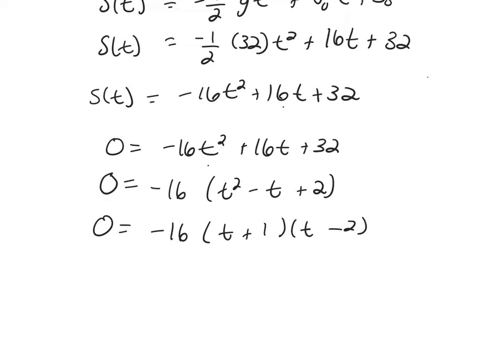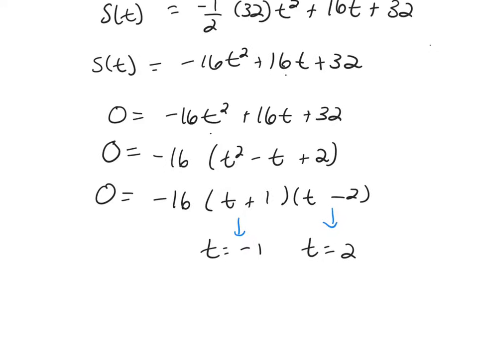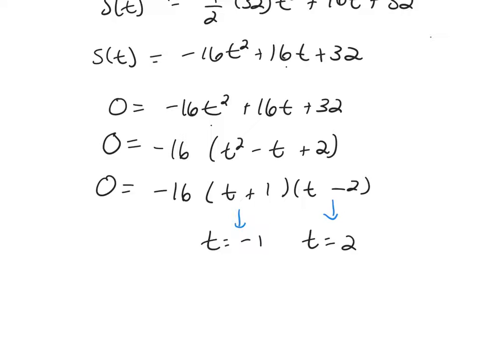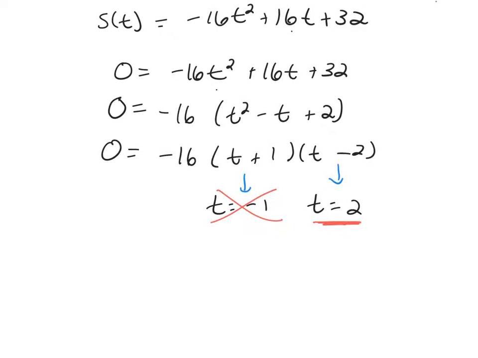This one tells me t would be negative 1, and this one tells me t would be 2. Now remember that t corresponds to time, so negative 1 does not make sense. So here's my answer: the diver hits the water after t equals 2 seconds.